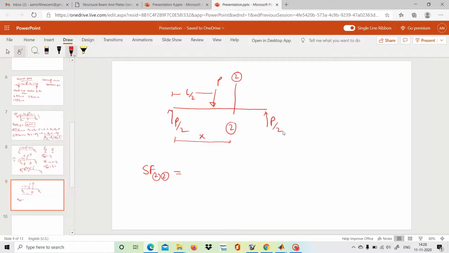On the left-hand side it is upward, so it is minus P by 2. This load is downward for this section 2 2, so this would be plus P. Therefore the net shear force would be P by 2.